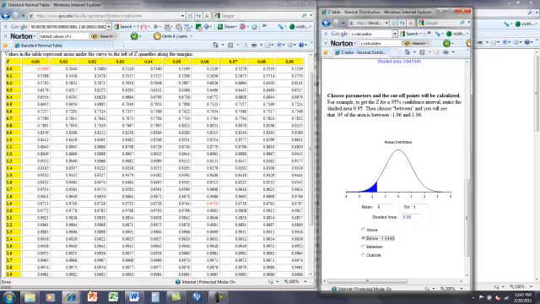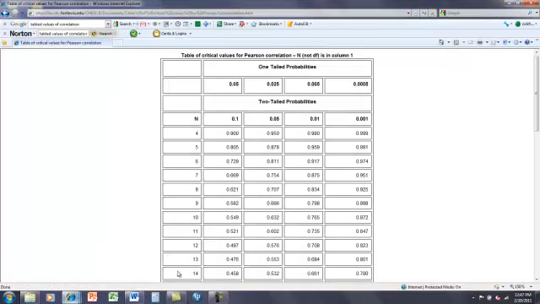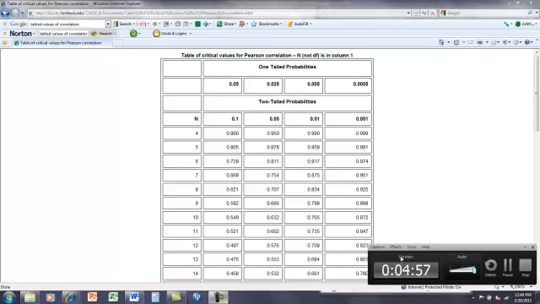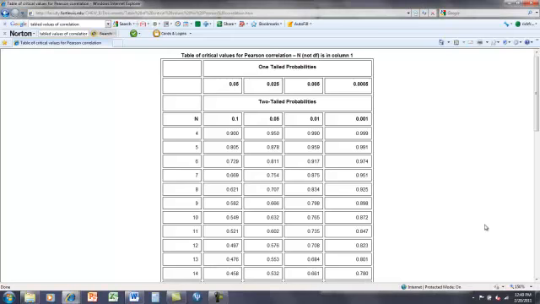So let's take a look at this. Here is a table that shows the distribution of correlation values when the null hypothesis is true. Here we see some R values. The R values are in the table.